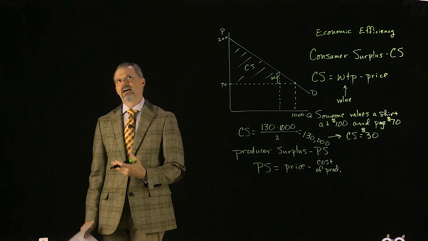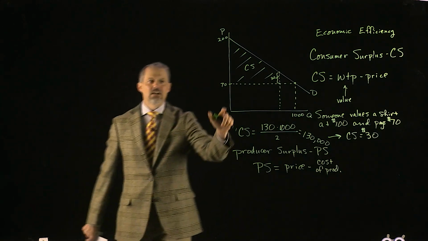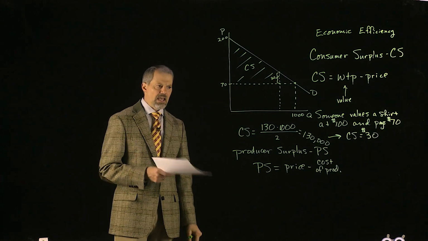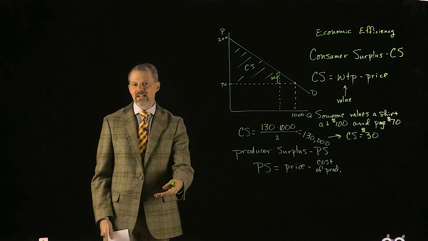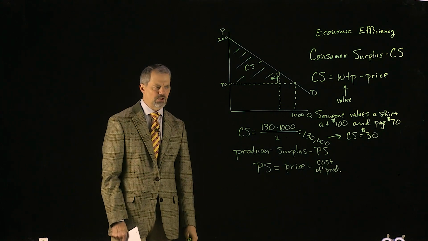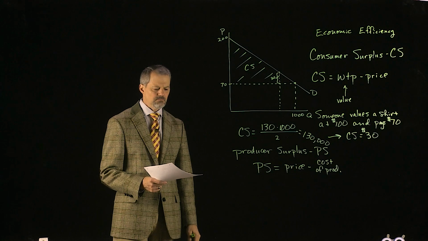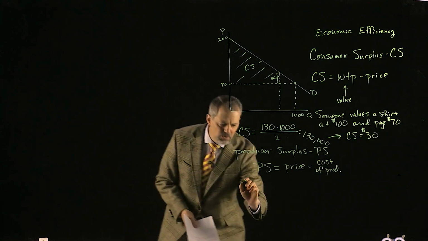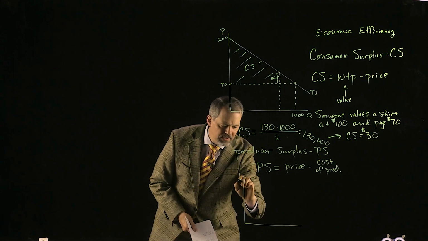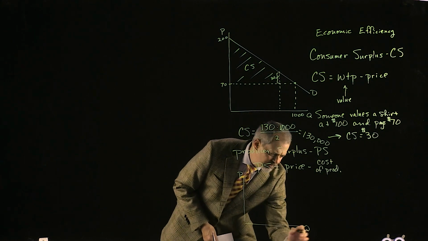So if a seller sells something for, say, $70 and it only costs them $20 to produce it, then they get $50 of producer surplus.